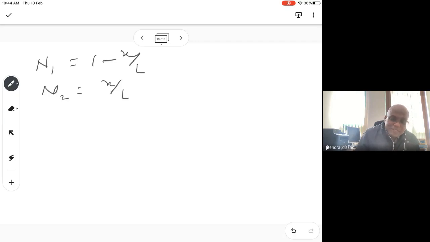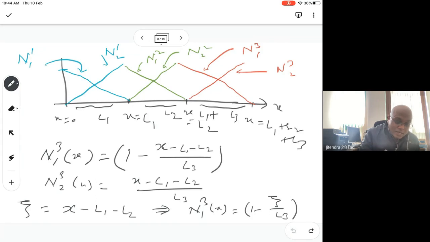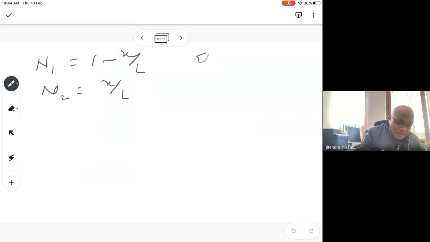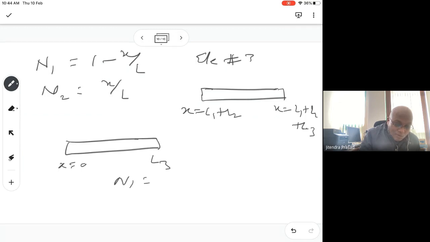If you have element number 3, you can just take that element, with x equal to 0 and x equal to L3, and N1 equal to 1 minus x over L3, N2 equal to x over L3.